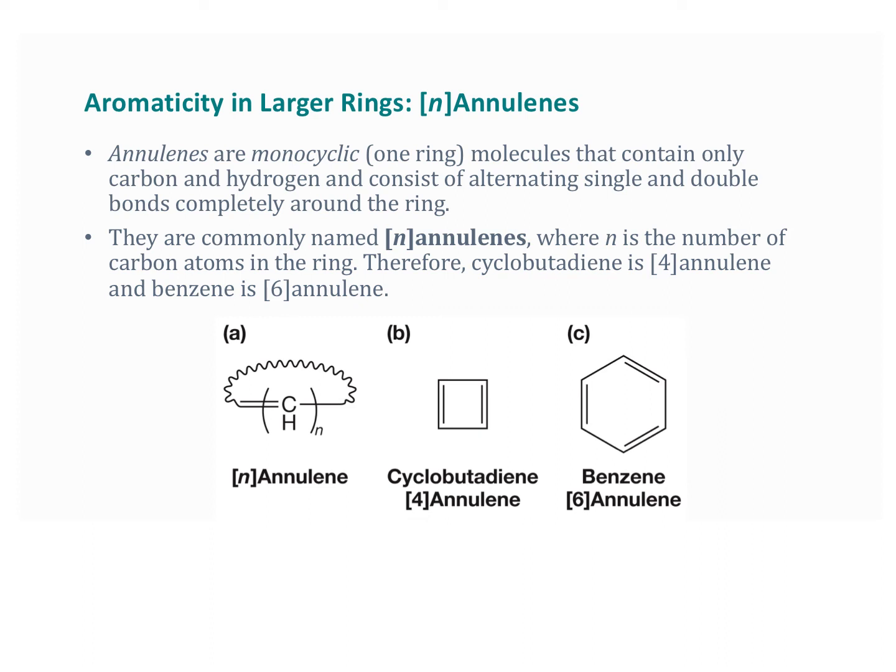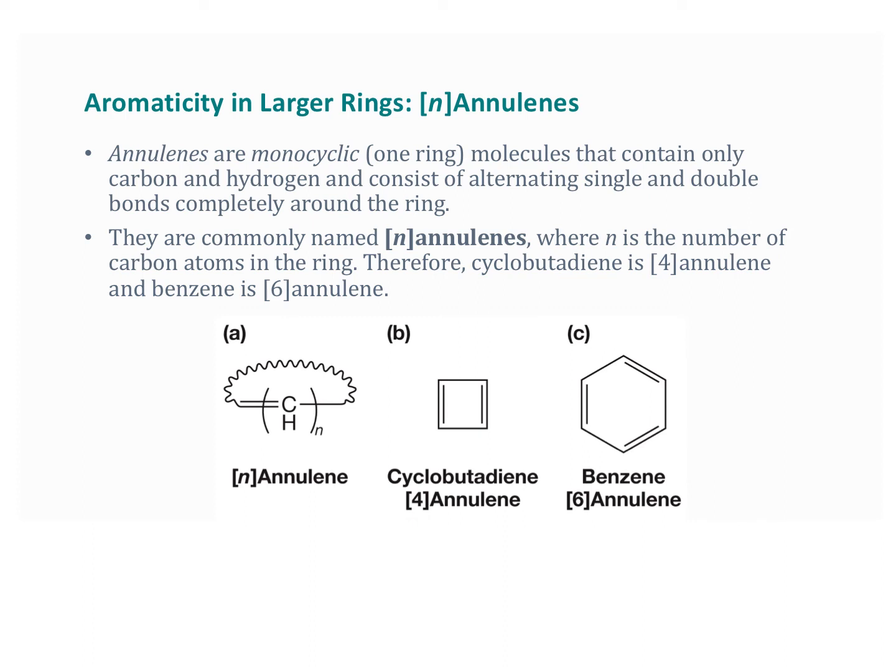These are monocyclic, meaning one ring, that contain only carbon and hydrogen, and they have alternating single and double bonds. They commonly are named in brackets [N]annulene, where N is the number of carbon atoms in the ring. So cyclobutadiene is [4]annulene, benzene is [6]annulene, right, with the brackets there.